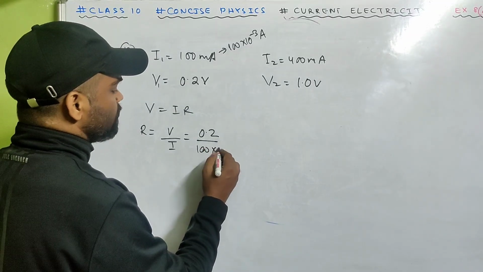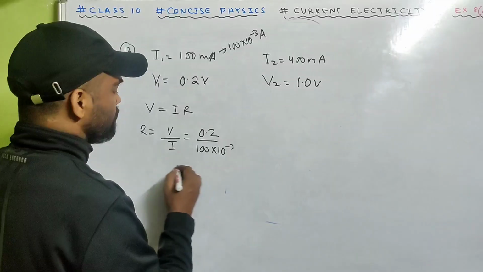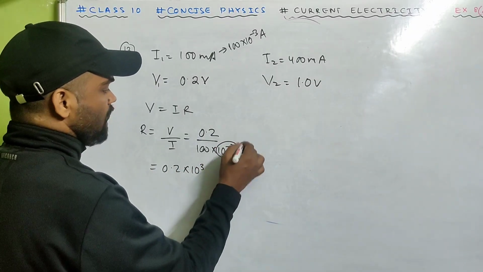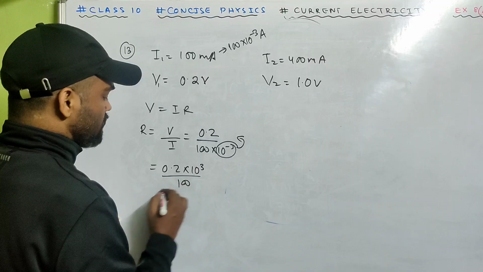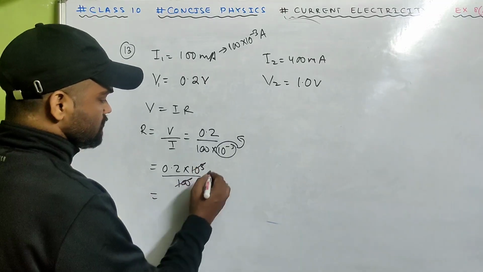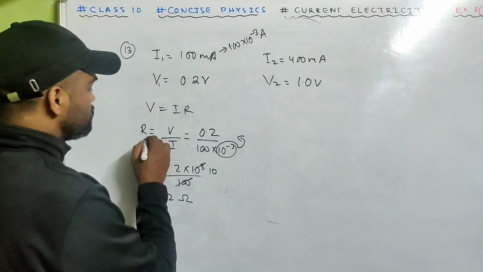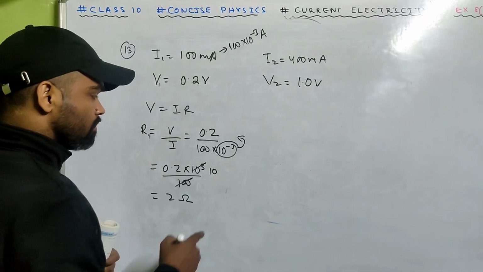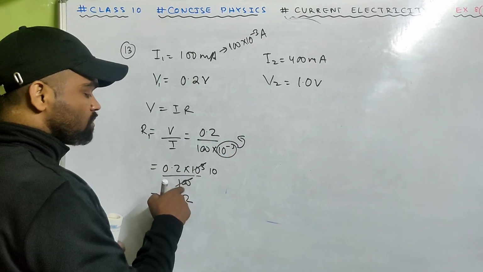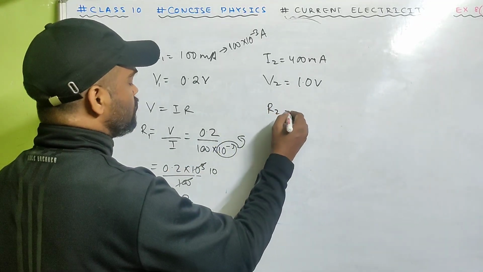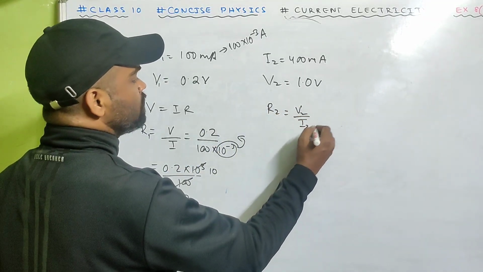So that is 0.2 divided by 100 multiplied by 10 to the power minus 3, which is 0.2 multiplied by 10 to the power 3 divided by 100. So 10 left. That's 2 ohm. Yes or no? 10 to the power 3, that's 1000 and that's 100. So 10 left.